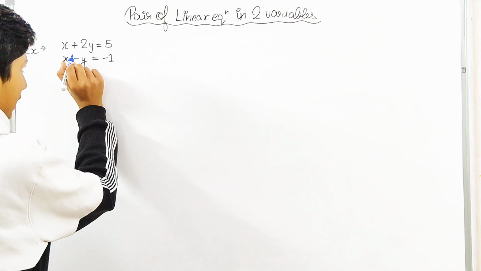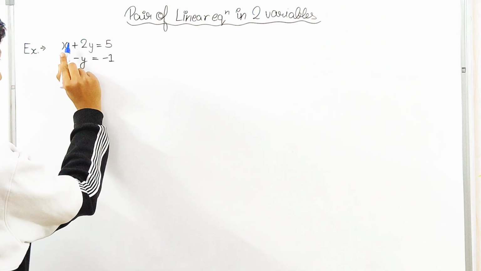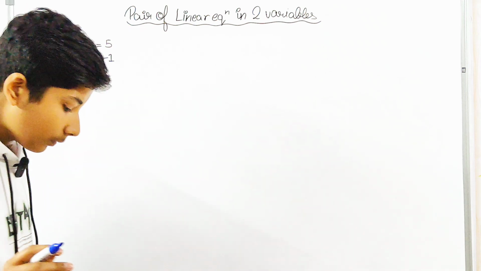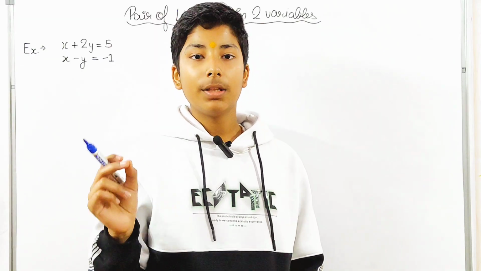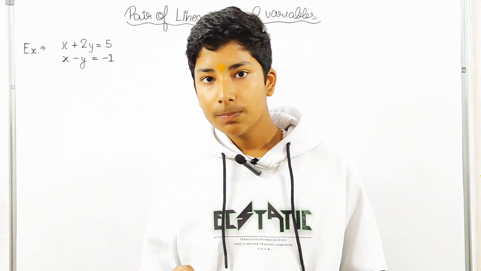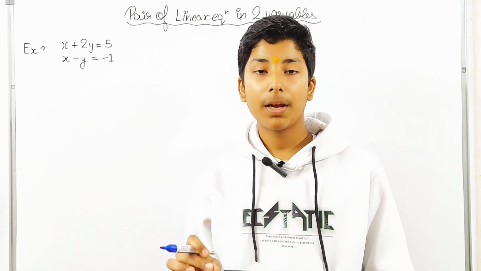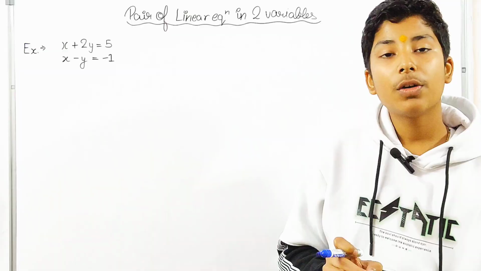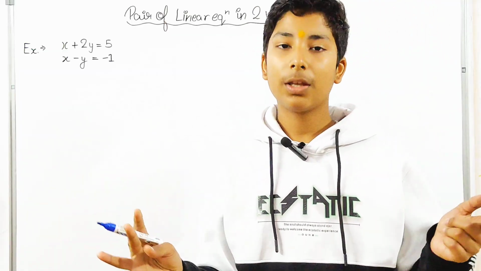In the upper equation, the variable is x, which has coefficient 1. In any equation, if you see coefficient 1, then you will substitute its value. First priority is 1, second priority is 2, third priority is 5, and fourth priority is the number you get.